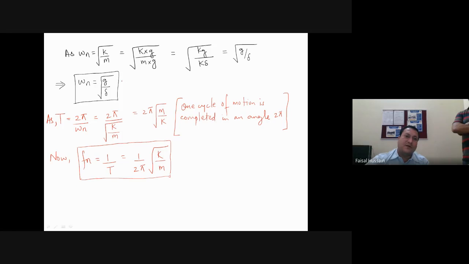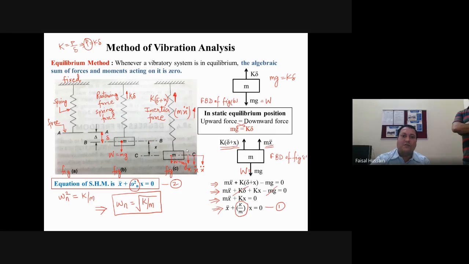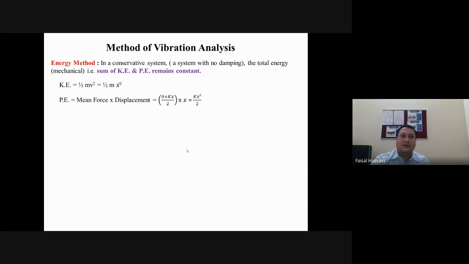So now we have completed natural frequency omega n in radian per second, natural frequency in hertz, and similarly the concept related to the equilibrium method. Now let us move to another method, that is your energy method. First is your equilibrium method.